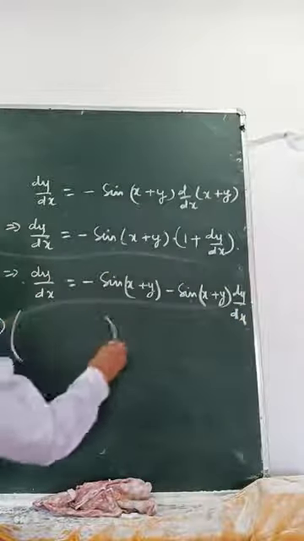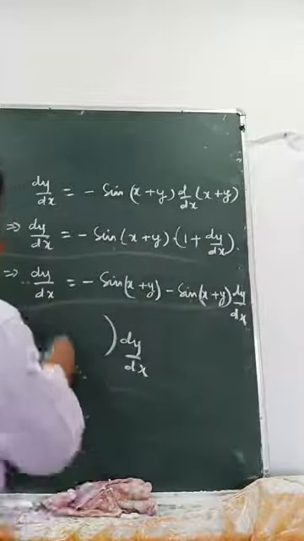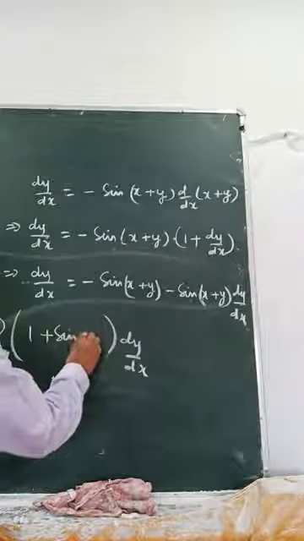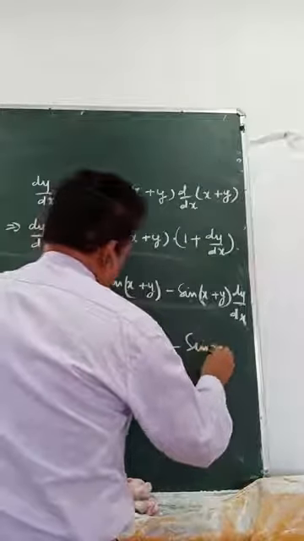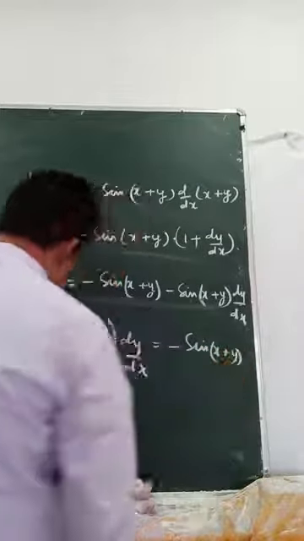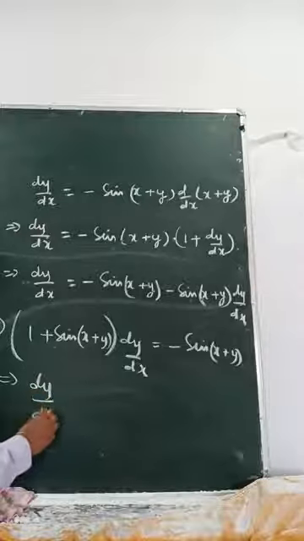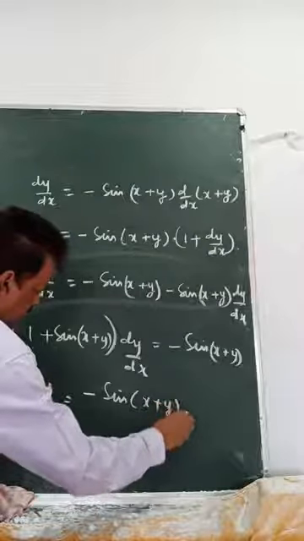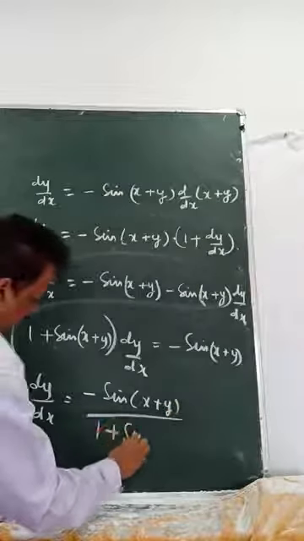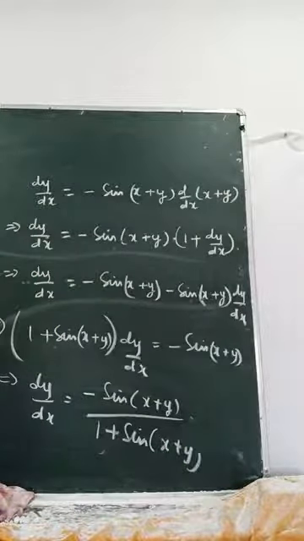If I take it, then I'll get dy by dx common, 1 plus sin(x plus y) equals minus sin(x plus y). So dy by dx equals minus sin(x plus y) divided by 1 plus sin(x plus y).